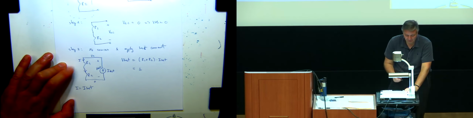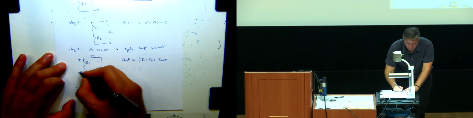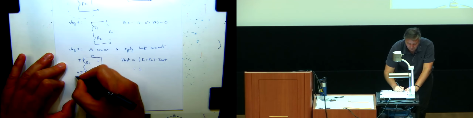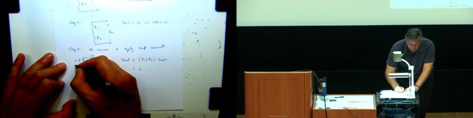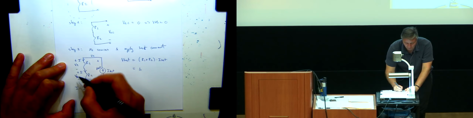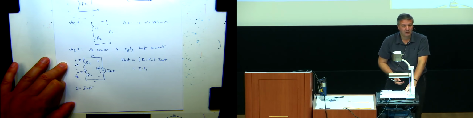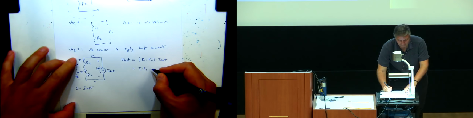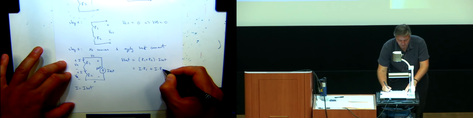Same current I, right? So now I have the voltage across R2, let's call it V2, and the voltage across R1, V1. V1 is I times R1. That's just Ohm's law. I labeled it according to the passive sign convention, plus I times R2.